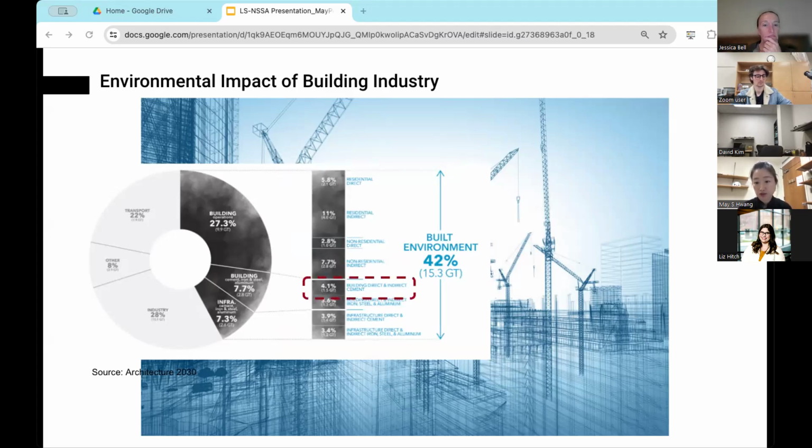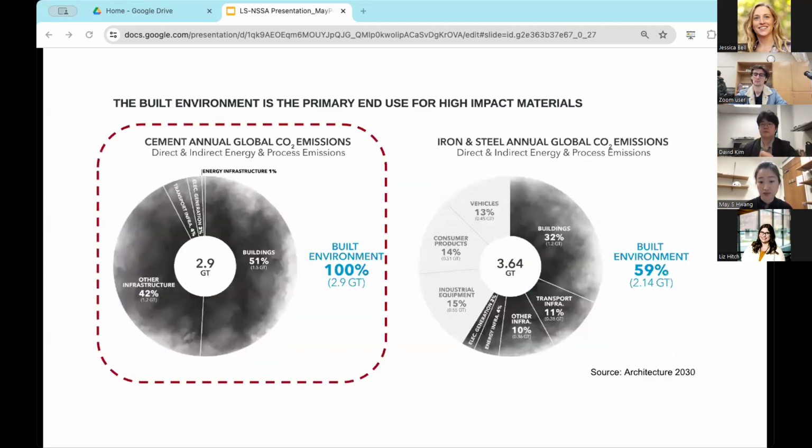And we will be looking at and tackling closely, particularly in this area of building material, cement, how we could have an impact through material innovation and use in this area. The reason for our focus on cement is because it's one of the highest impact materials that are 100% used to build our built environments, such as buildings.